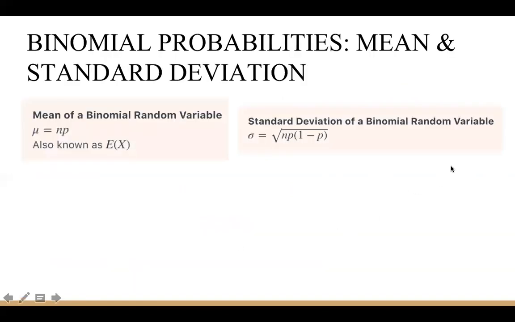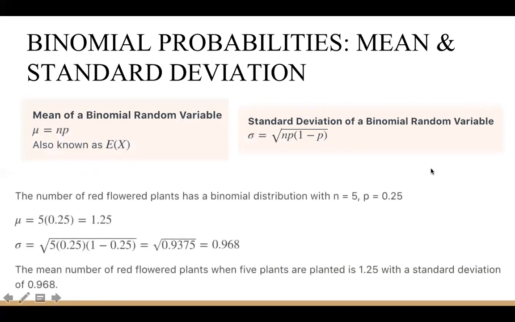So we can calculate the mean and standard deviation of binomial probabilities through these formulas. For example, here we'll compute the mean of a binomial random variable and the standard deviation. We're given an n of 5 and a p of 0.25.